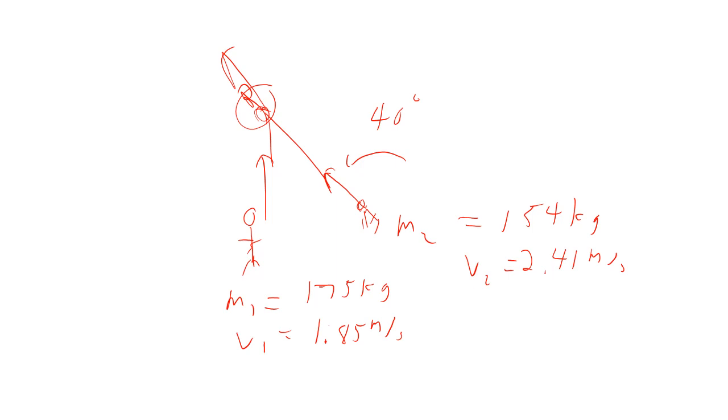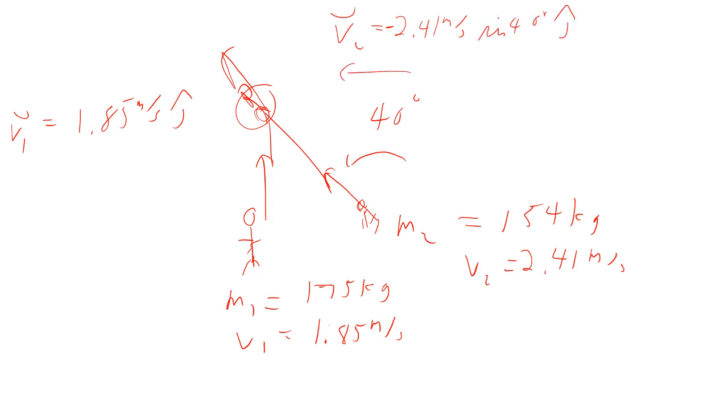Okay. So to do that, we're going to need to know the vector components of this. The vector components of velocity 1 is just going to be 1.85 meters per second j. The vector components of velocity 2 is going to be minus 2.41 meters per second sine 40 degrees i, because it's the opposite side of that angle right there, plus 2.41 meters per second cosine 40 degrees j.